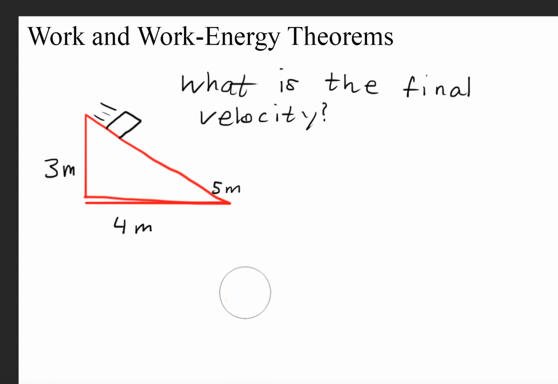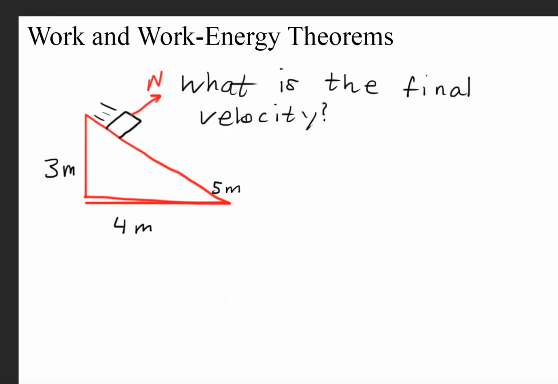What we're going to do here first is label the forces acting on the system. That's normally how I usually solve these types of questions. I like to draw out the diagram and I like to label my forces. So let's take a look here. We have a normal force acting up here.